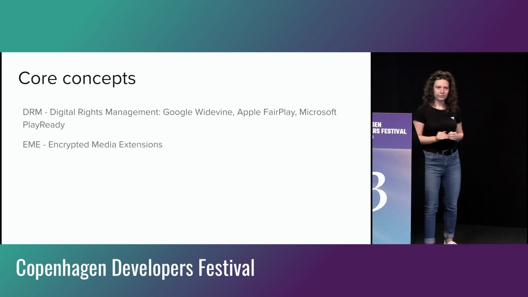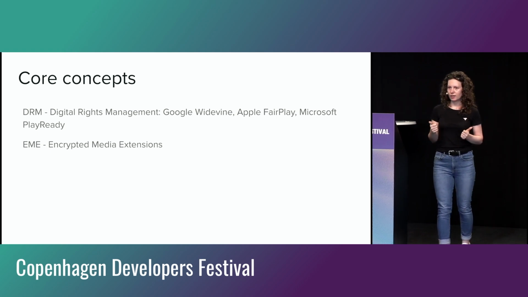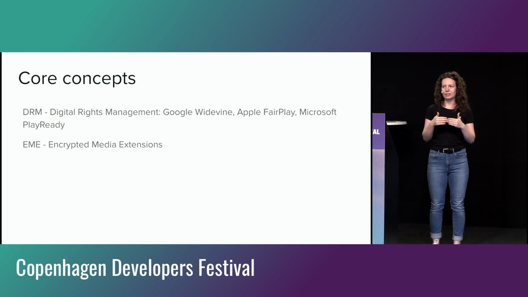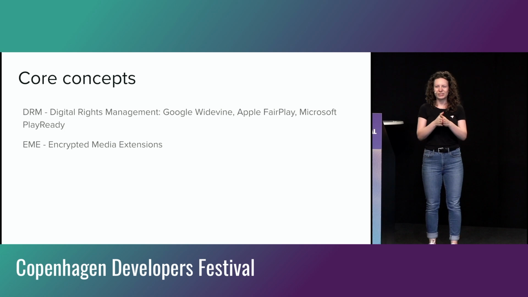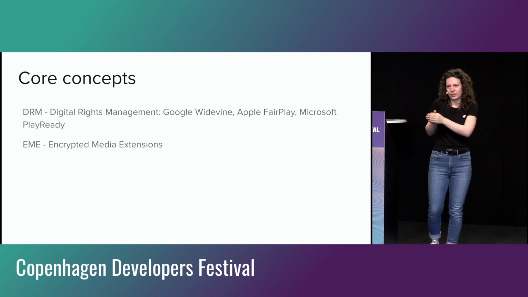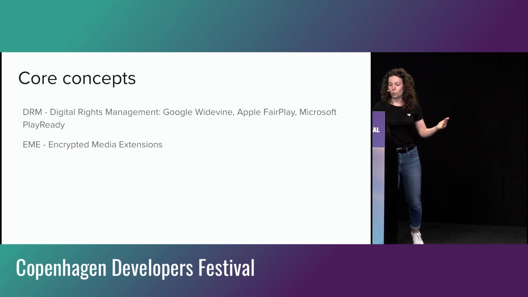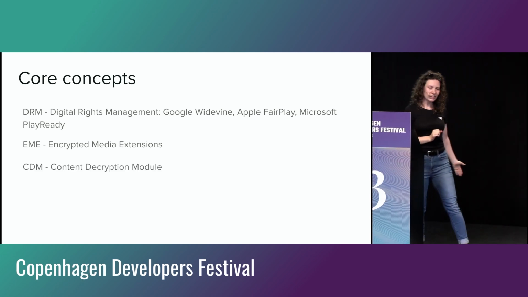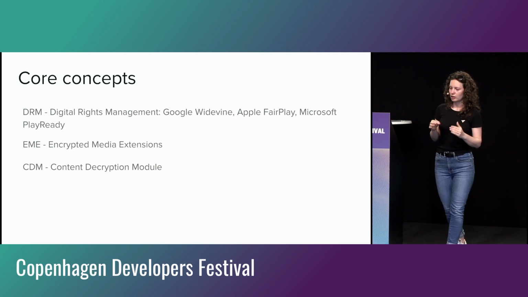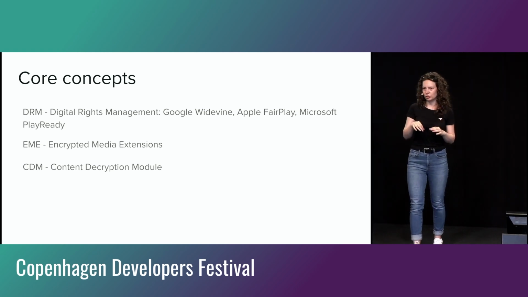Then we have EME, that stands for Encrypted Media Extensions. This is the API that basically decrypts the content for you. It sits in between your web application, like your player, and the CDM module, where CDM is the content decryption module, and this is the one that really decrypts the content for you.